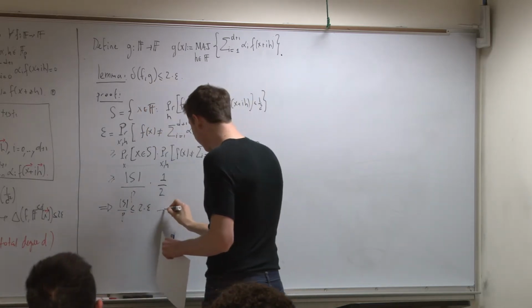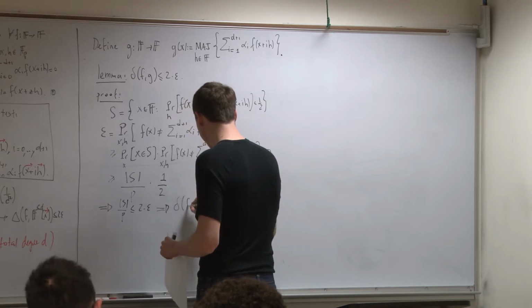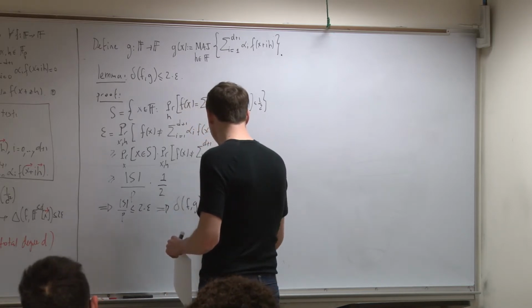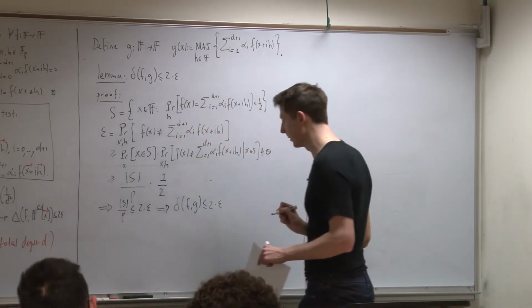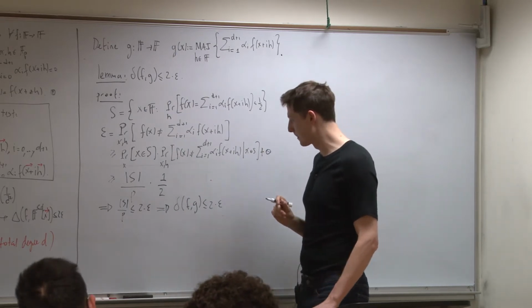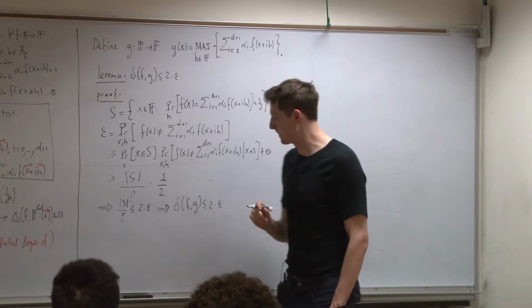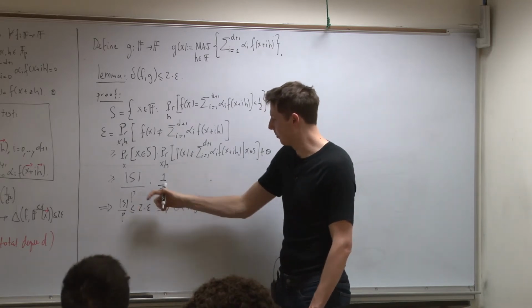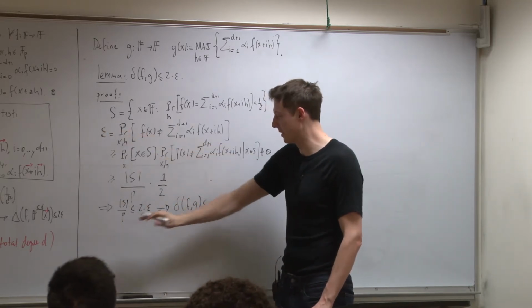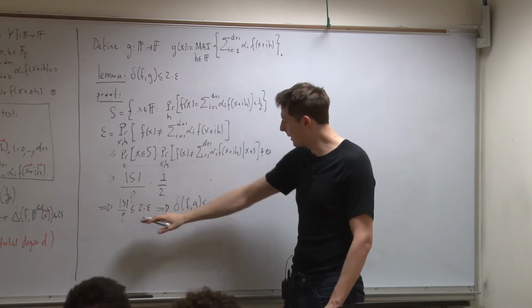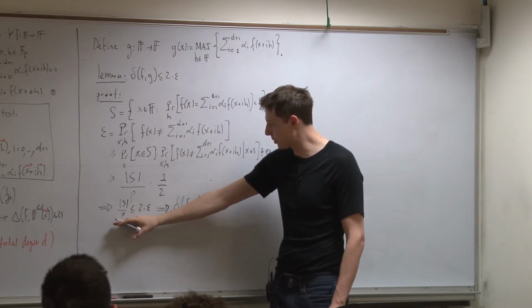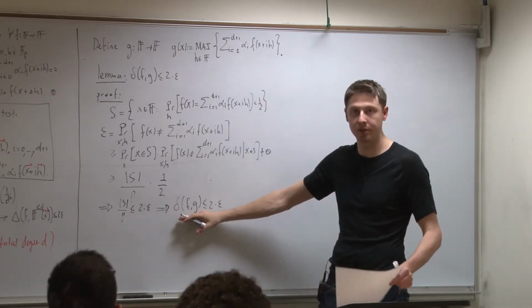And I want to claim that this tells us that the distance between f and g is at most 2 epsilon. Why is that? So why can I conclude that if |S| over |F| is at most 2 epsilon, then the distance between f and g is not too high?